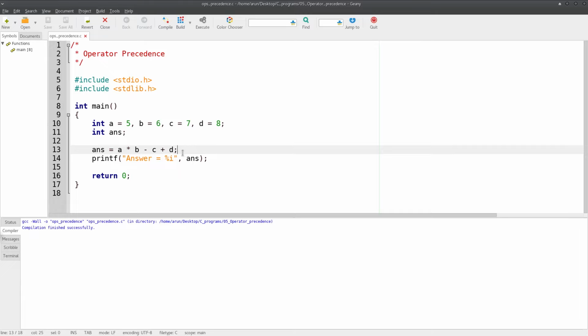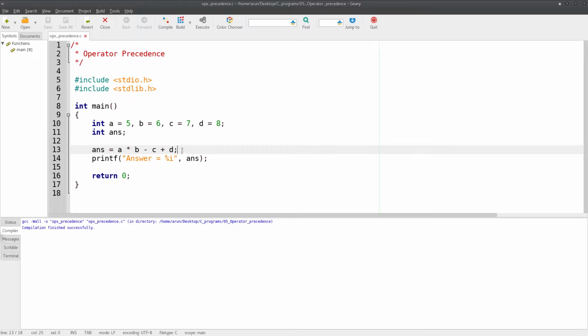So that's where operator precedence comes in. What it actually means in simple terms is that if you have a large number of operators present in an expression like this, acting together, which operator should have the higher precedence, which operator should act first and which should act second, all that kind of ranking, or preference, is determined by operator precedence.